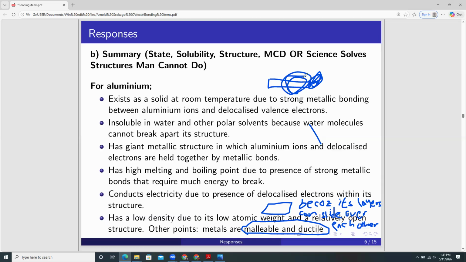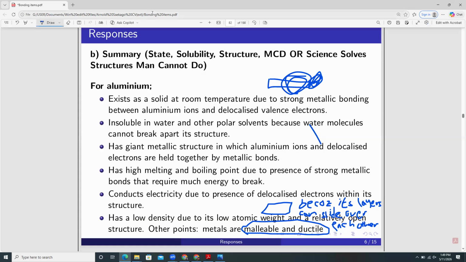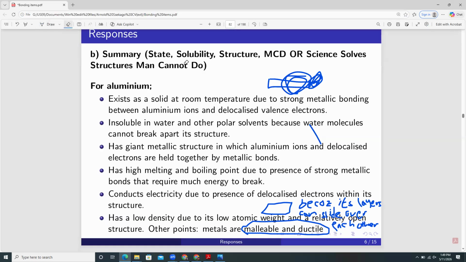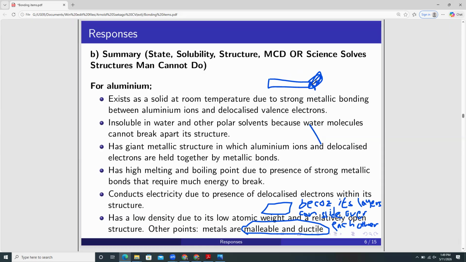Why? If you are having a metal like this one and you apply heat on one end of that metal, now this metal has electrons.